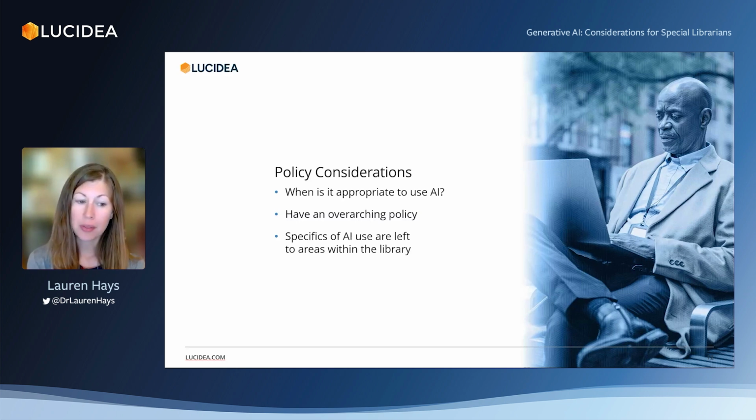Then those ethical ways can be defined by a particular area of the library, or they can be fleshed out in more detail. And those things can be changed as new changes are made or new laws, or the overarching organization makes changes.